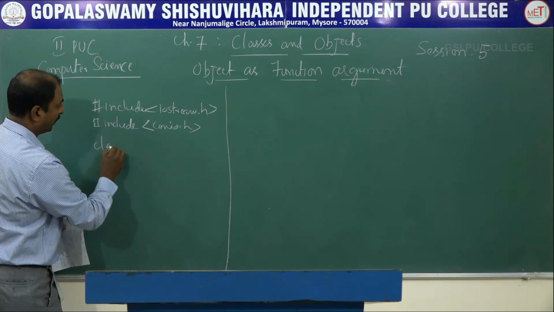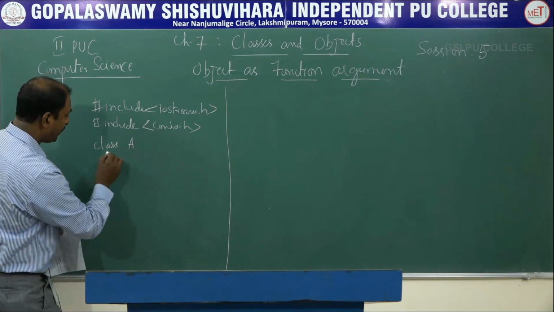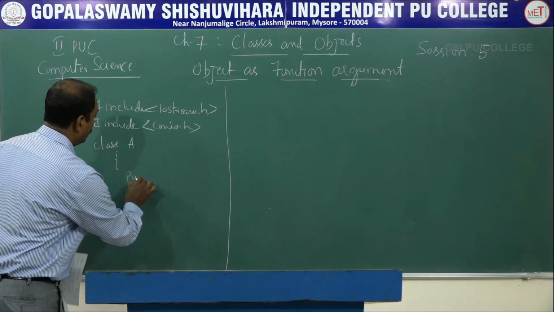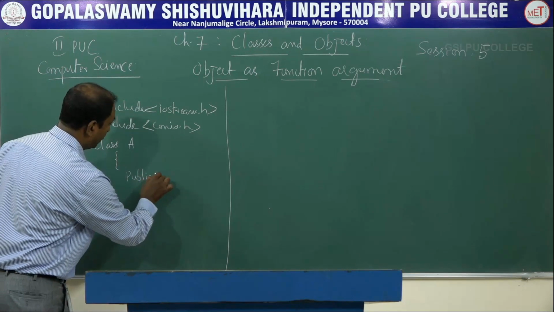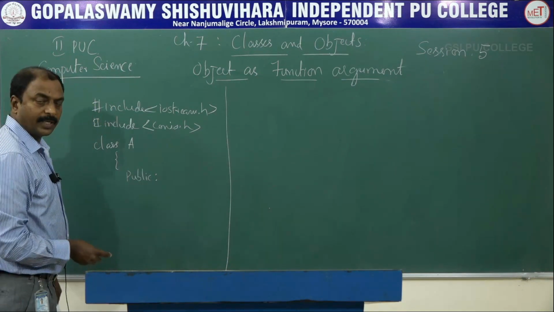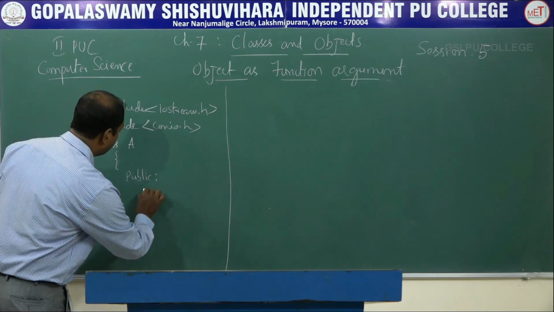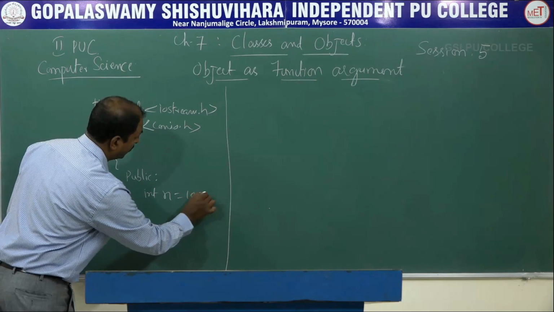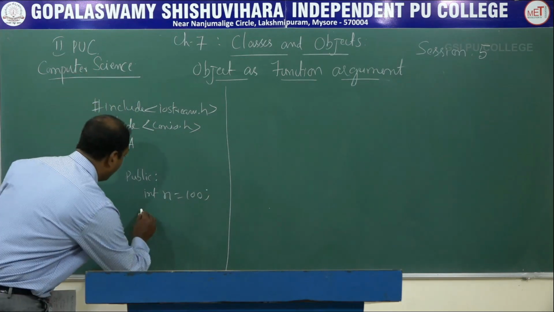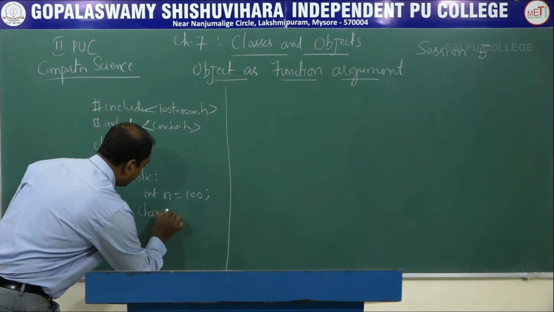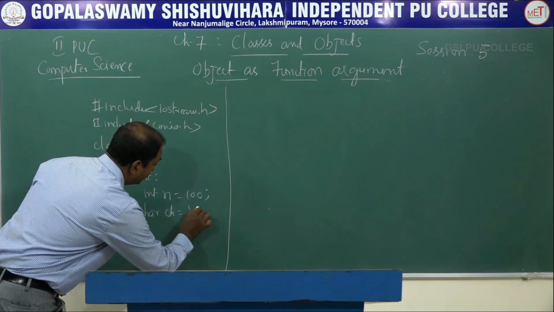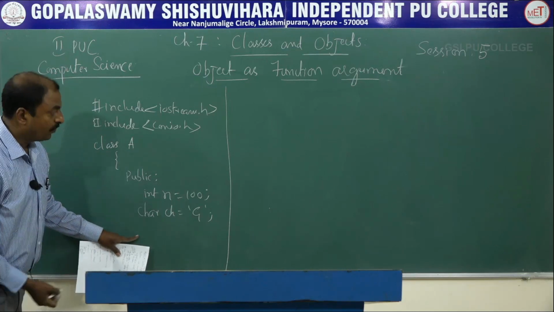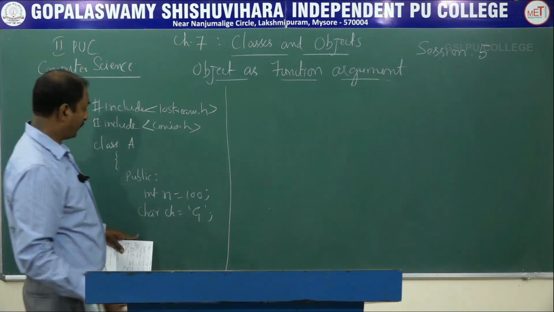Now let us define a class A. Under this I am going to declare variables under the public access specifier. Under this, int n equals 100, one variable, and char ch equals g. After this we have to write a function for this.